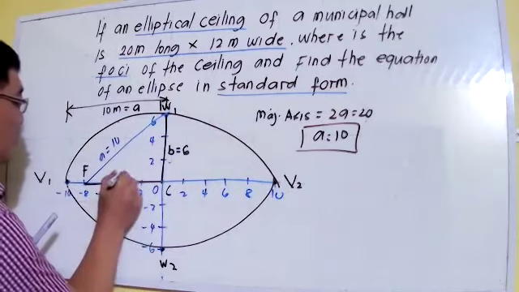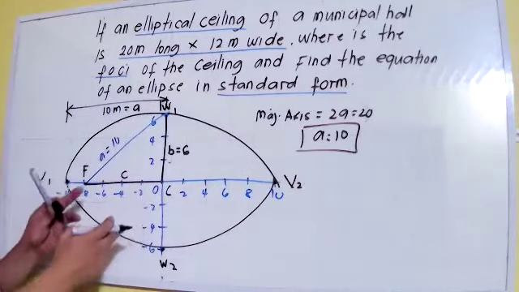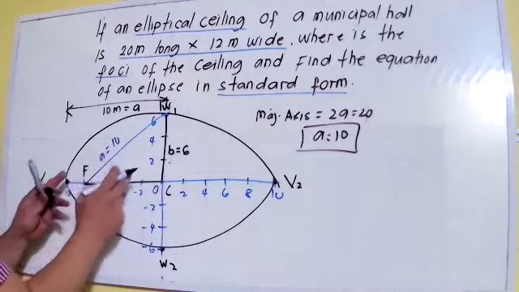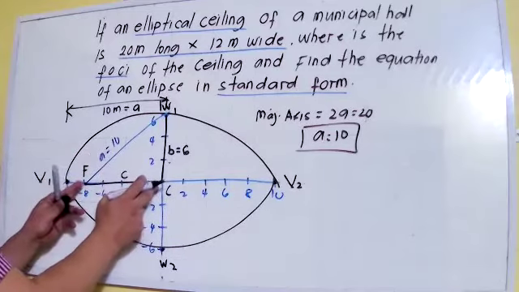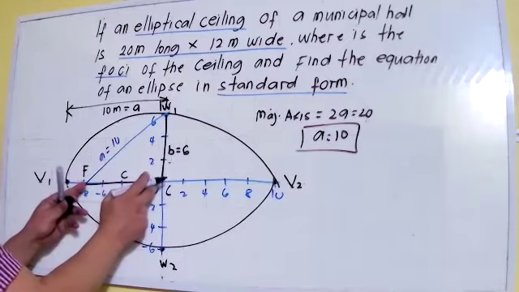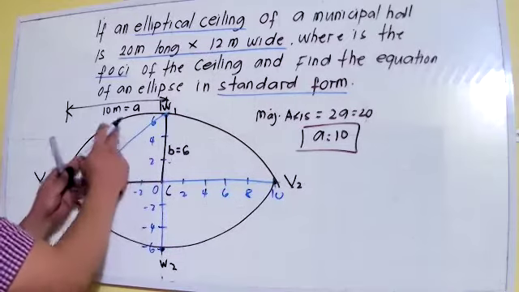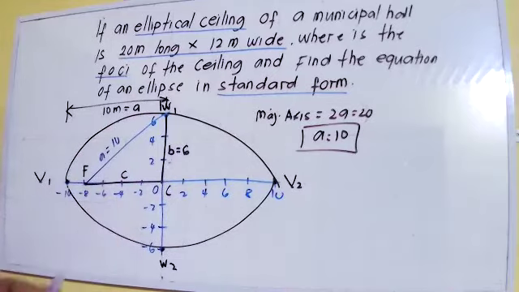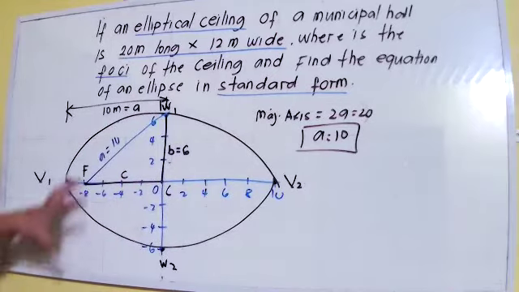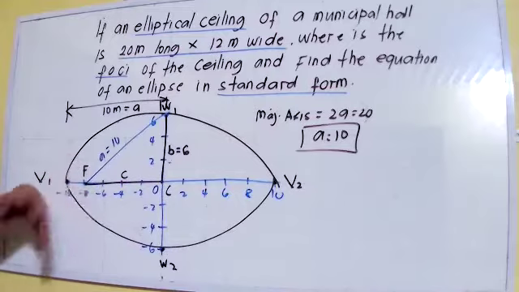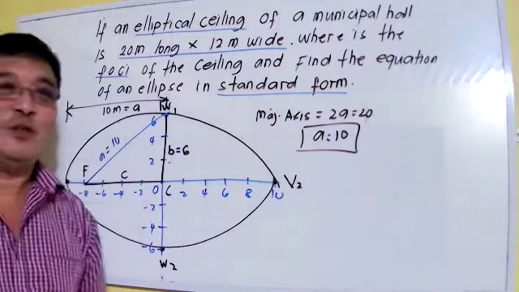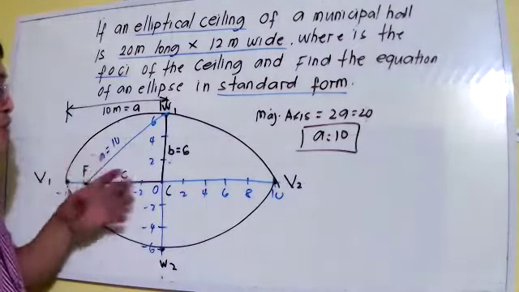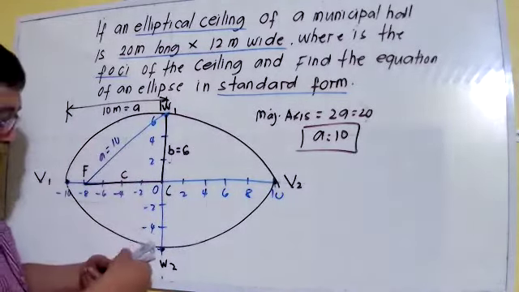Para malaman natin yung location ng focus mula sa center, kailangan natin makuha yung value ng c. And dahil nakuha na natin yung a at b, we can use Pythagorean theorem here in ellipse. Pagdating kasi sa ellipse, yung a will be the longest side or yung hypotenuse.